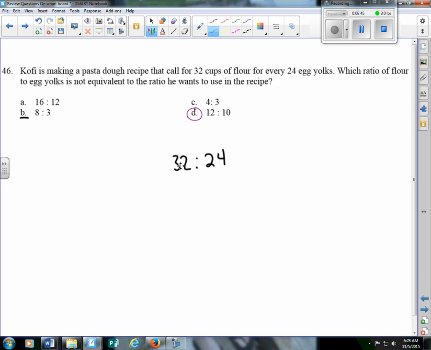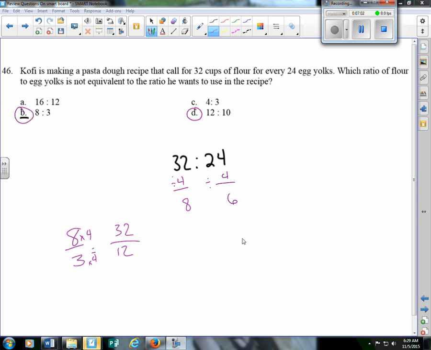So obviously I made a mistake over here. 32 divided by 8 is 4. 4 times 3 is 12. So I'll come back to that one in a second. I ended up doing a lot of work on this, and apparently it could be either B or D because neither one of them work out. If I do 12 over 10, set that equal to 32 over 24, if I reduce this down to 6/5, still not going to be equivalent. So D and B I would accept as a correct answer.